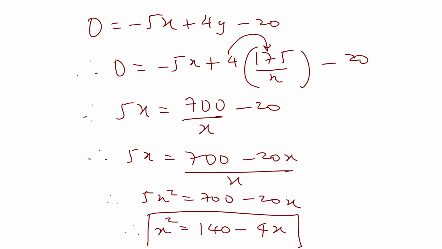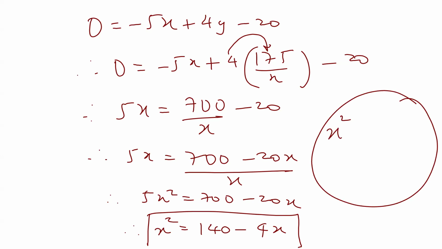It's a quadratic. It will be written as x square plus 4x minus 140 equal to 0.